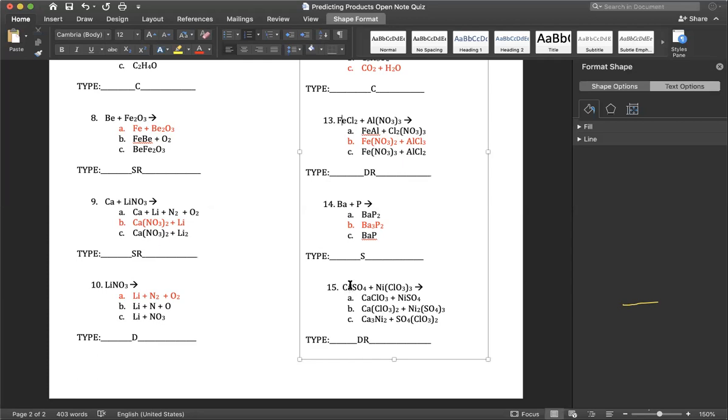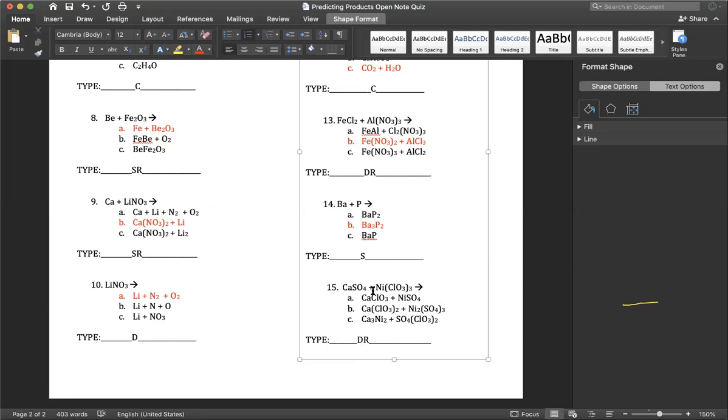Okay. Calcium is +2. Now I have to figure out, is ClO3 a 2 and they cancel, or is it a 1 and I end up with a 2 here? That's what it's asking me to figure out. What's the charge of ClO3 from my polyatomic ions list? -1.